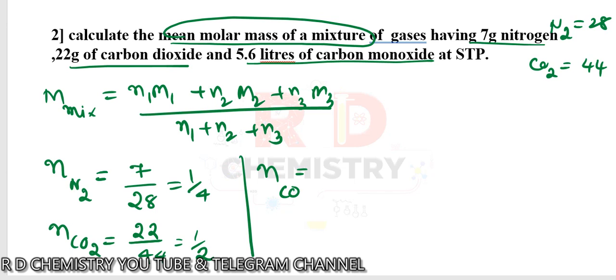So we have a formula to calculate number of moles in terms of liters: given volume in liters, 5.6, divided by the standard molar volume 22.4 liters. Both are in terms of liters now. So this will be equal to 1 by 4, right?